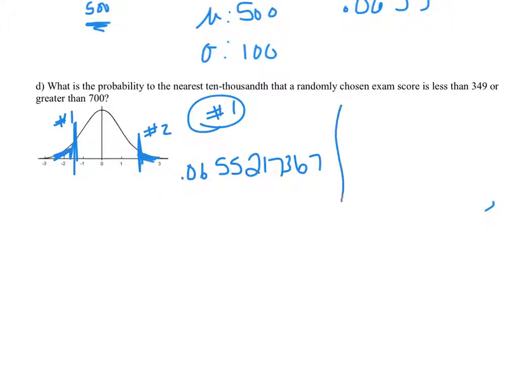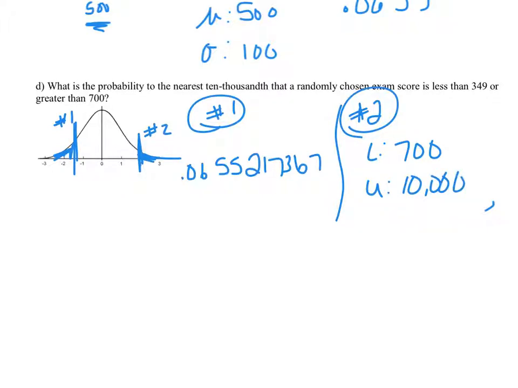So I really just have to do number 2. Lower bound 700, upper bound, again, if I'm going to infinity here, I'm just going to make it 10,000 because it's fun. Mu is the mean, and the standard deviation is 100.